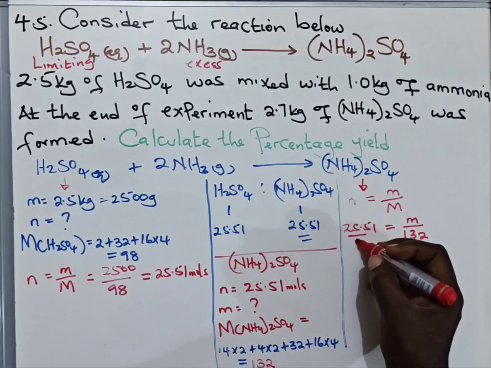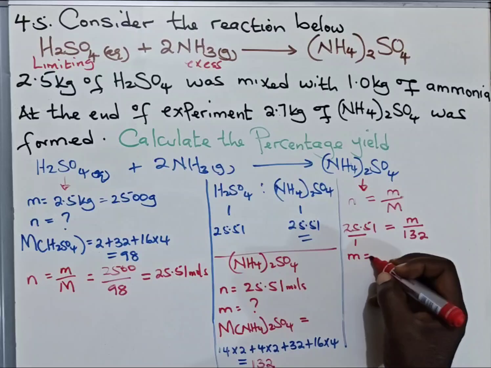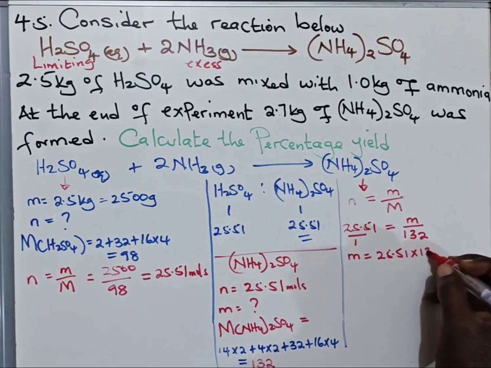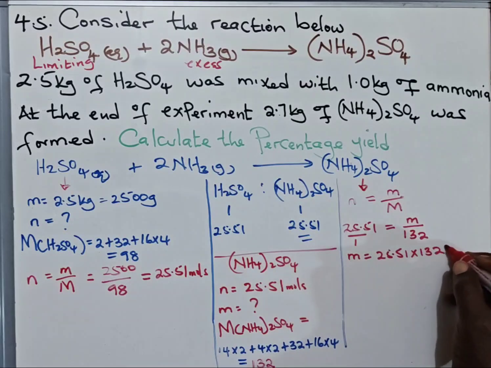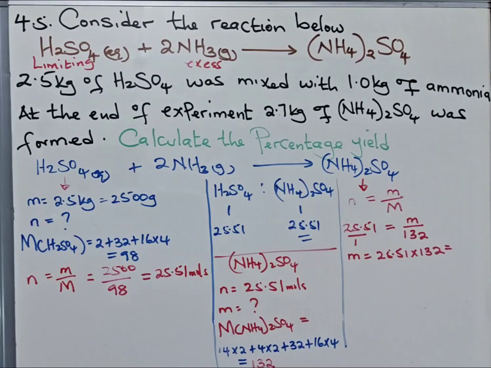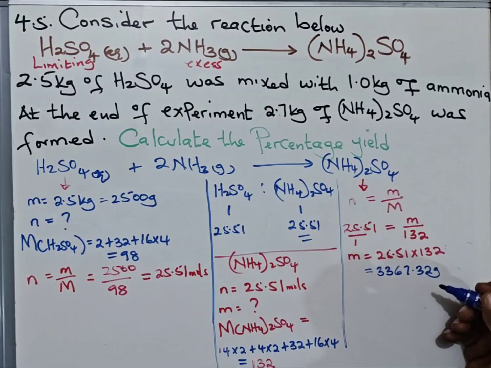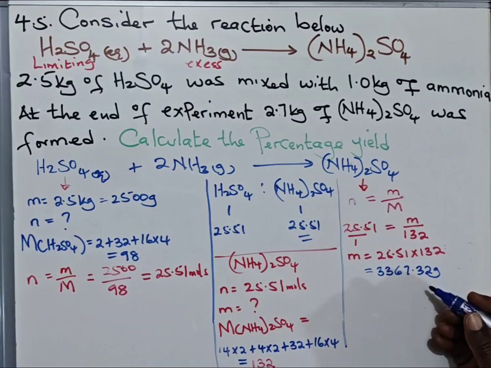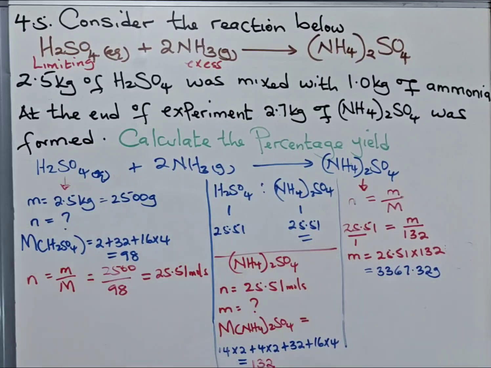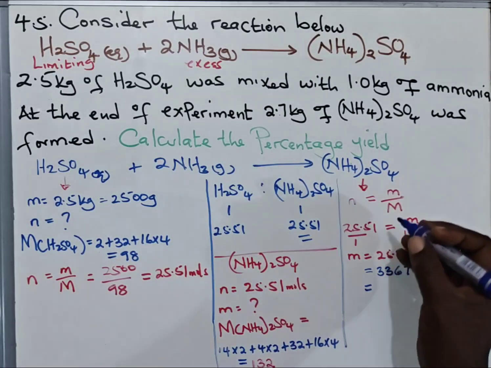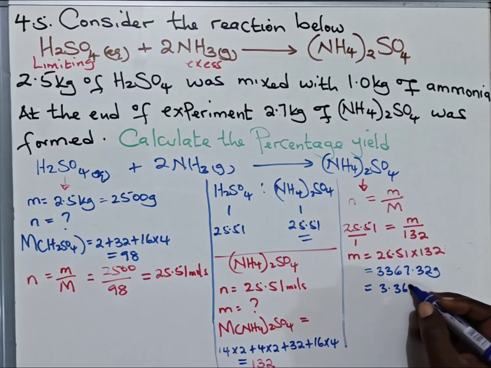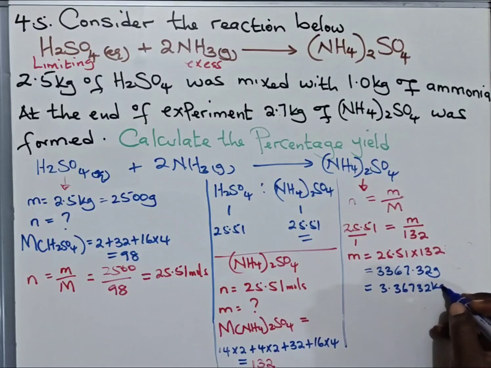If you cross multiply here, you're going to have your mass as 25.51 times 132, giving us 3,367.32 grams, which if you convert it to kilograms, is 3.36732 kilograms.